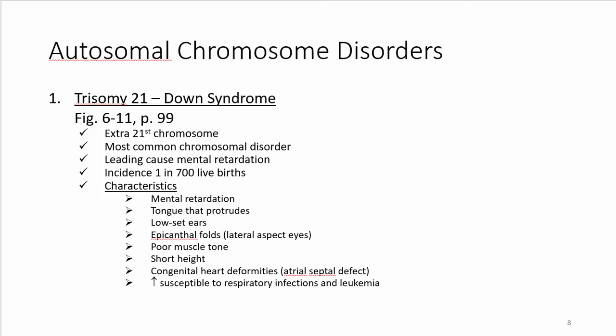They don't separate out. Now, interestingly enough, that means that another gamete that person would produce would be missing chromosome 21, and so that gamete wouldn't be viable. Down syndrome, trisomy 21, is the most common chromosomal disorder we see, 1 in 700 live births.